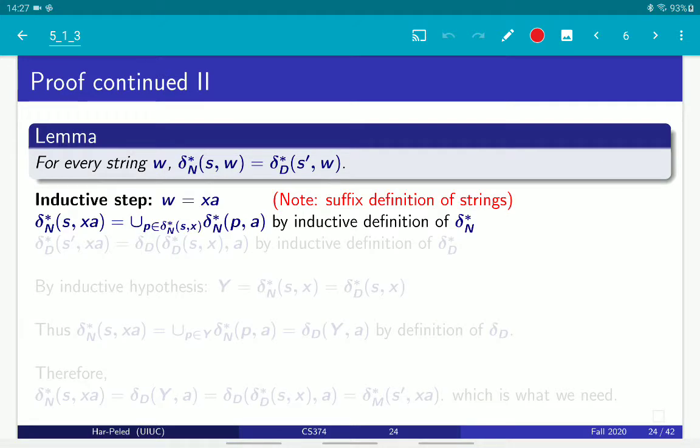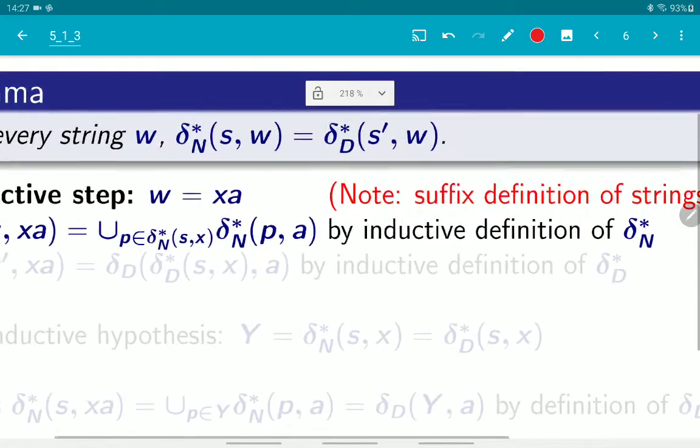Okay, so the inductive step is a bit more tedious, so let's do it. So the idea is that we are now going to look at a string W, which is XA, where A is a character. Okay, so this is the suffix definition of a string. And now we are going to do the following. We look at the transition of the NFA on its definition.